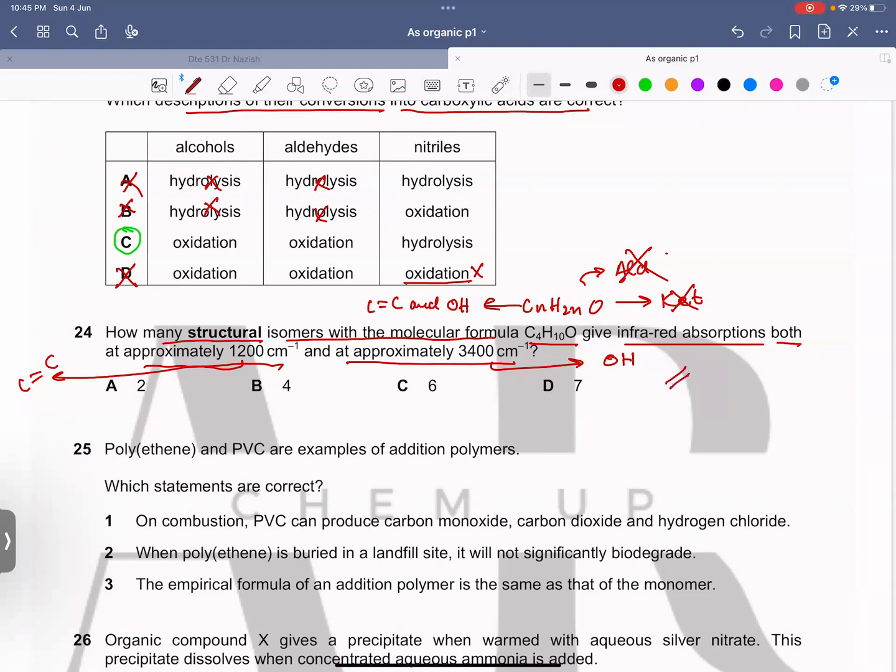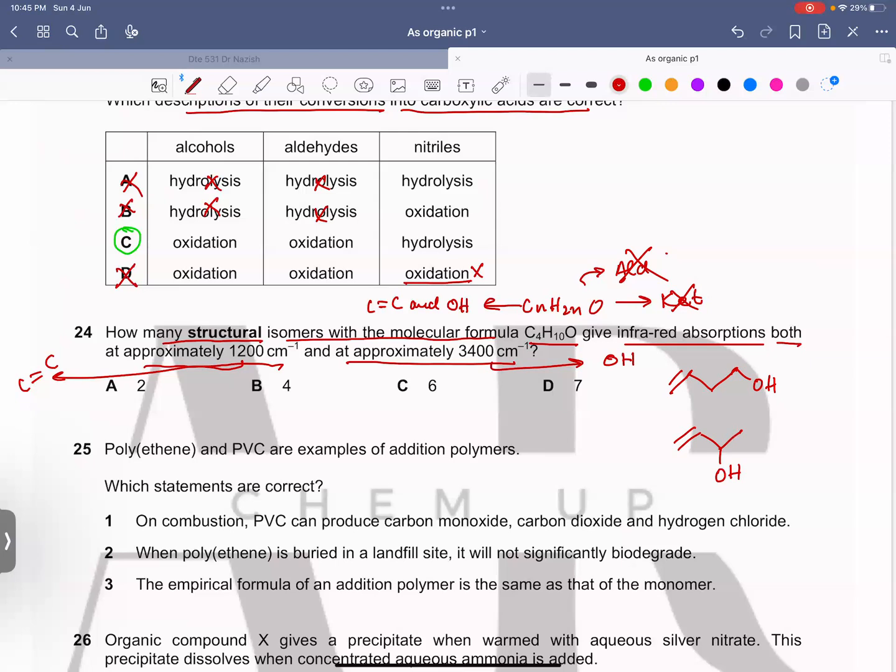So the first one would be 1, 2, 3, 4, and here I have an OH and a double bond over here. Then, OH. This can be a second answer. No, you don't have to memorize it. These values will always be given.